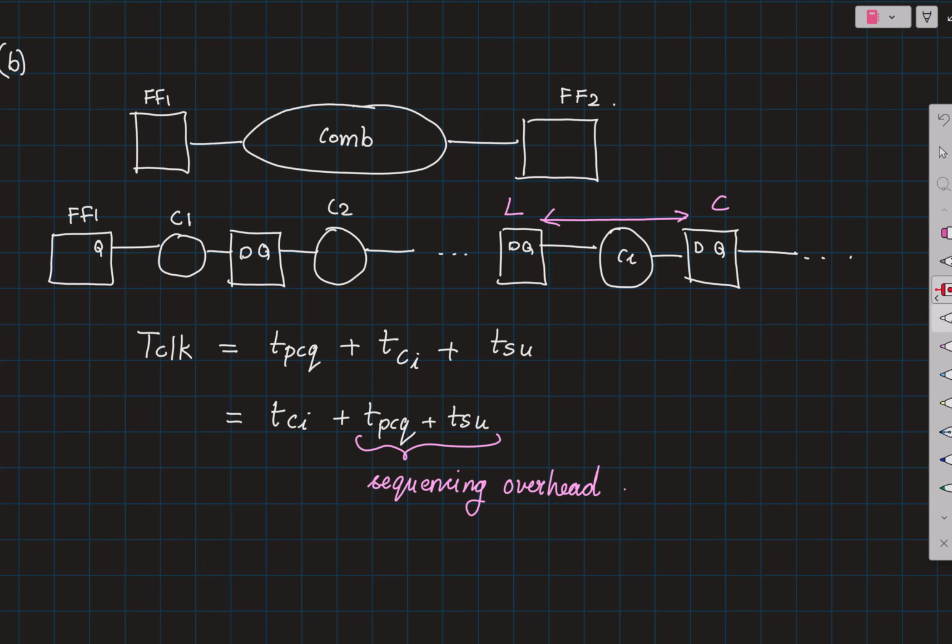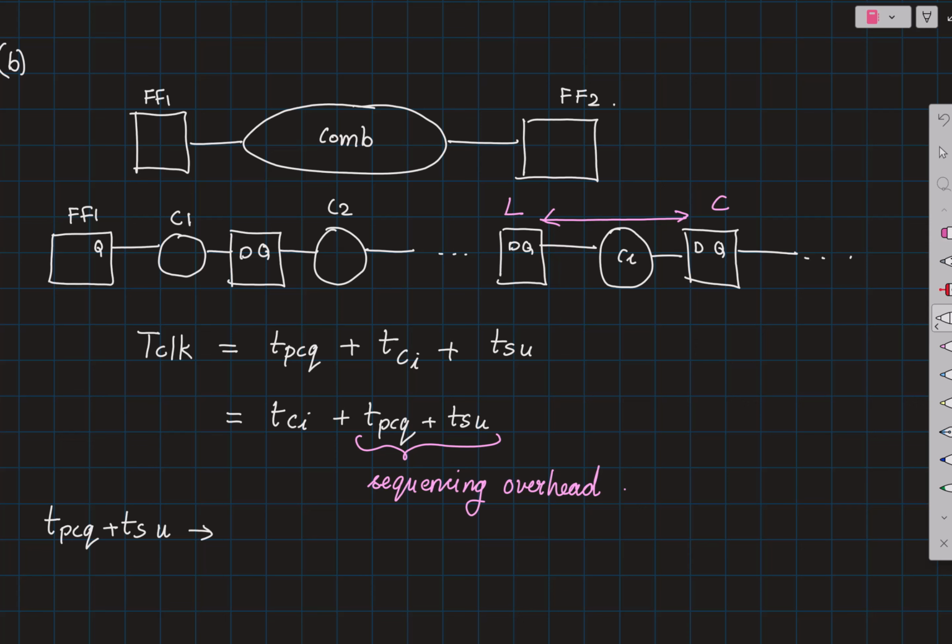Okay. So now in this particular problem, we simply have to look at which of the two flops has a higher sum for T_PCQ plus T_SU. And we have to pick the one with the lower sum, the lower sequencing overhead. So can you quickly tell me what is the T_PCQ plus T_SU for both the flops?